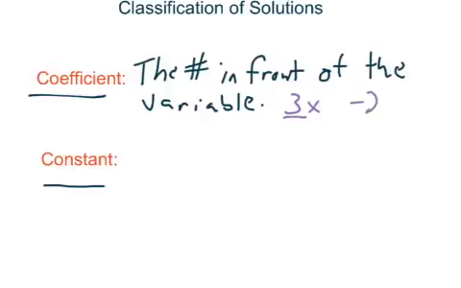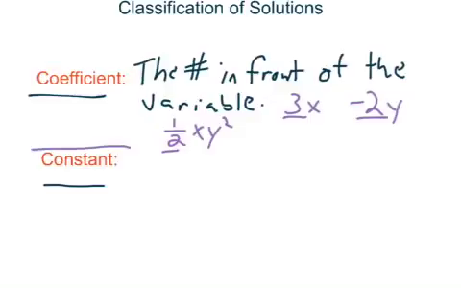Could be negative 2y. Again, the negative 2 is the coefficient. It's what's in front of the variable. You could have 1/2 xy squared. And again, the coefficient is just the 1/2. That's what's in front of the variable there.